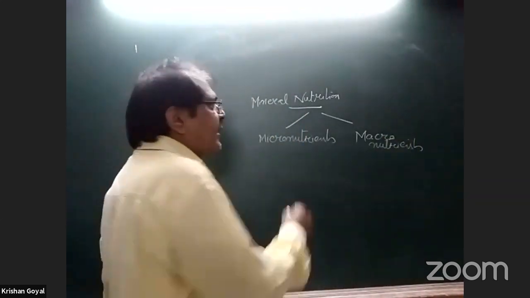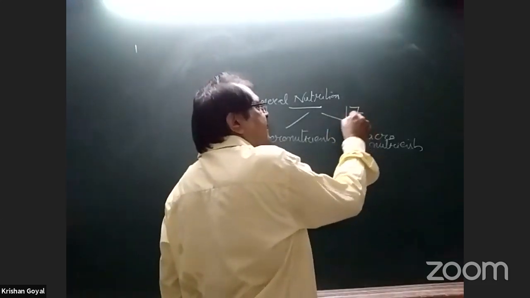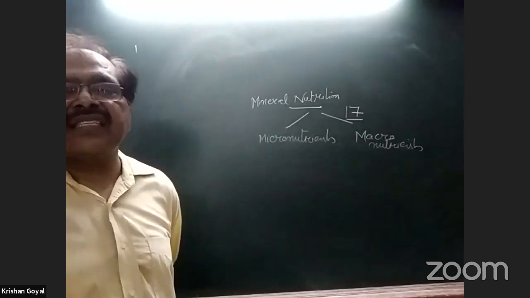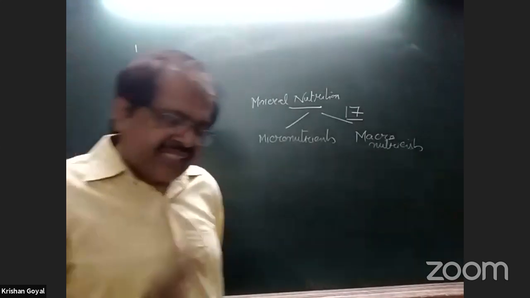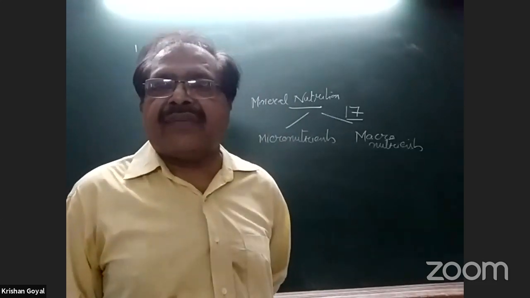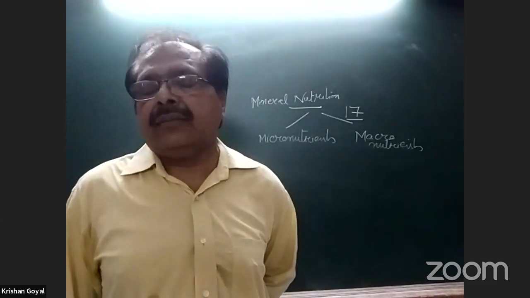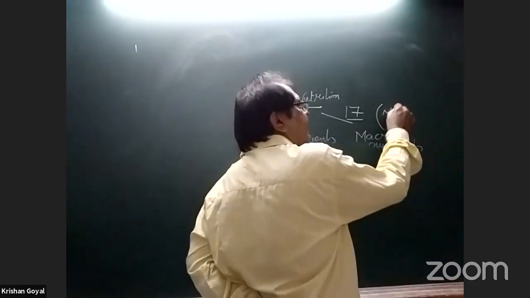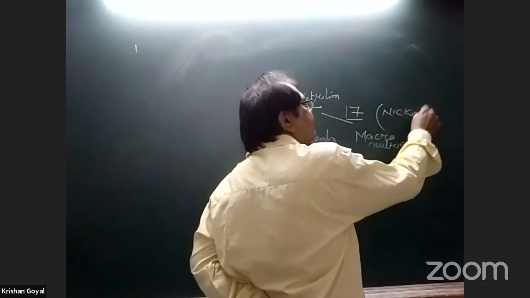There are a total of 17 minerals which are responsible for the growth of a plant. 17. If in the examination it is written 16 and 17 is not given as a choice, then 16 is also the right answer, because nickel has been added late. Earlier it was 16.